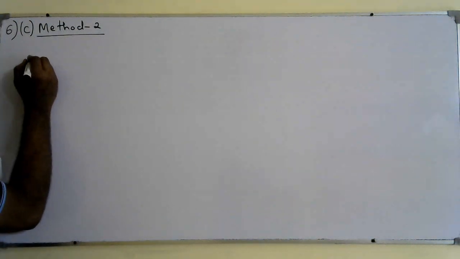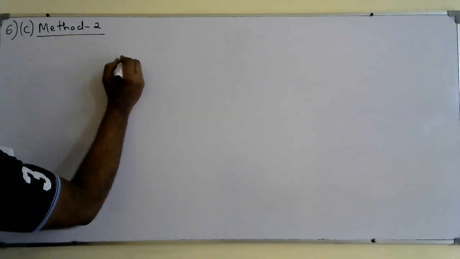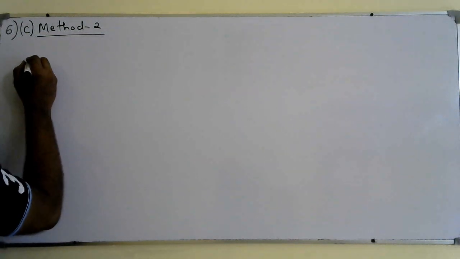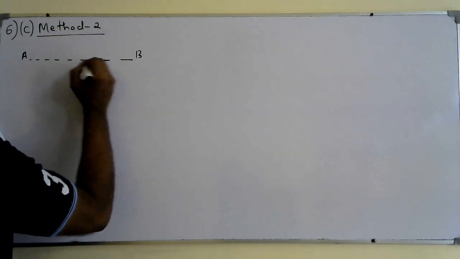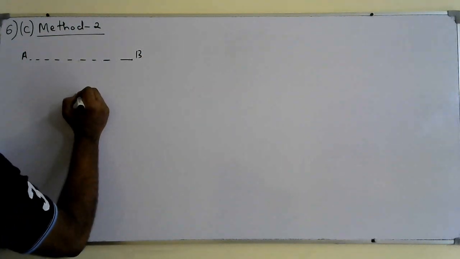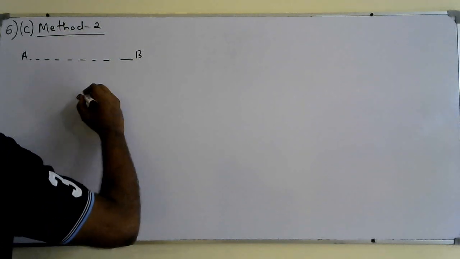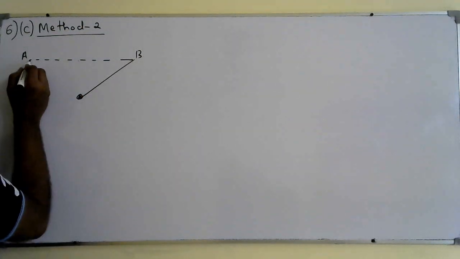So for example, we'll take like this. A and B are the 2 points. So this is A, this is B. So the particle is at a point x below that at an instant. This is the particle. So these are the two strings attached.